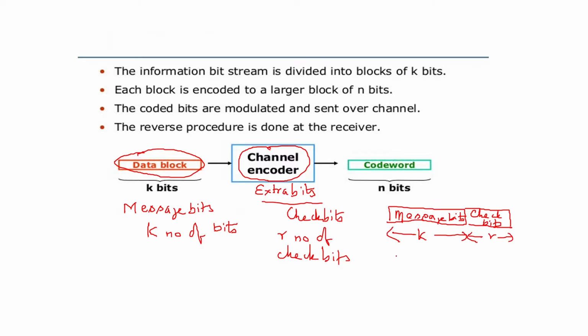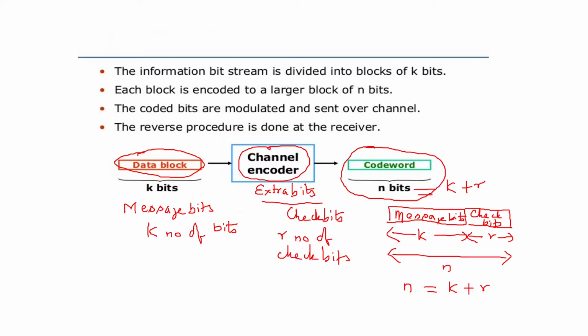Now total k plus r will be called n number of bits, where n is equal to k bits of the message plus r bits of the extra bits you are going to add. That will be the code word. So here you have shown the code word. It is n bits long, where n is equal to message plus check bits, k plus r.